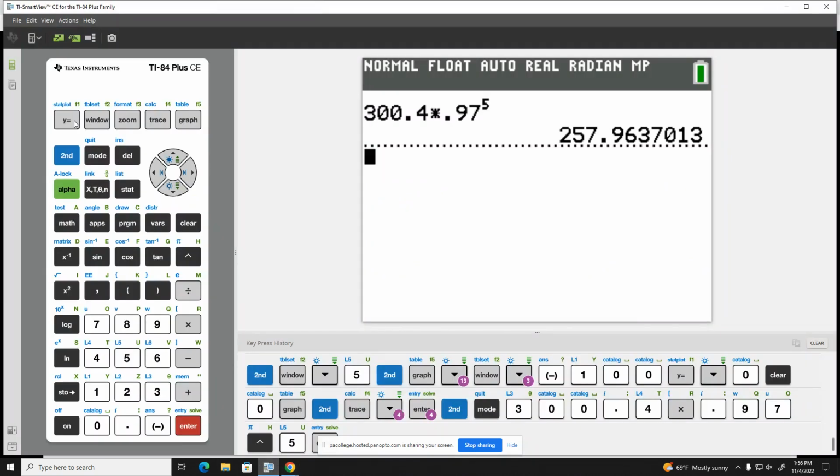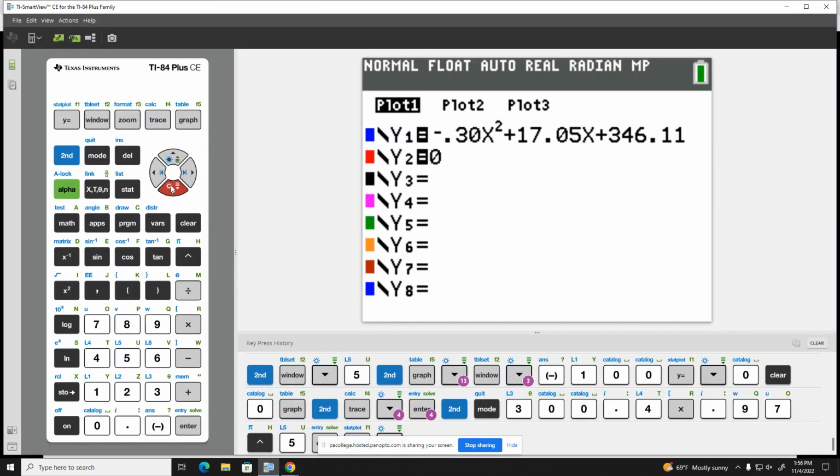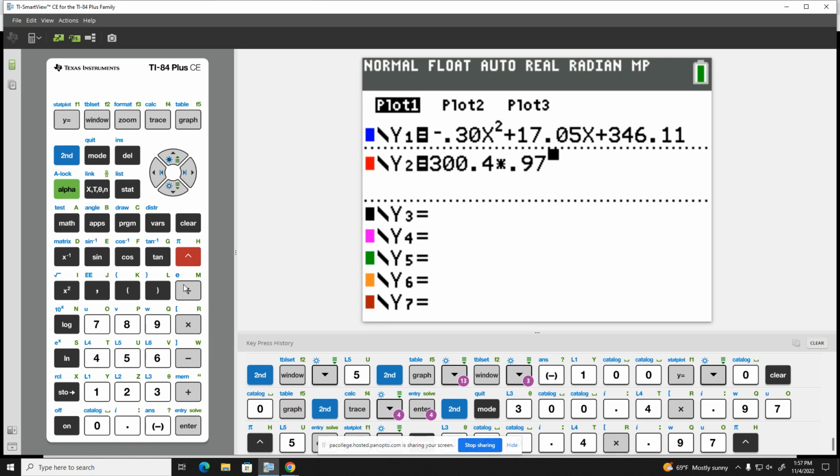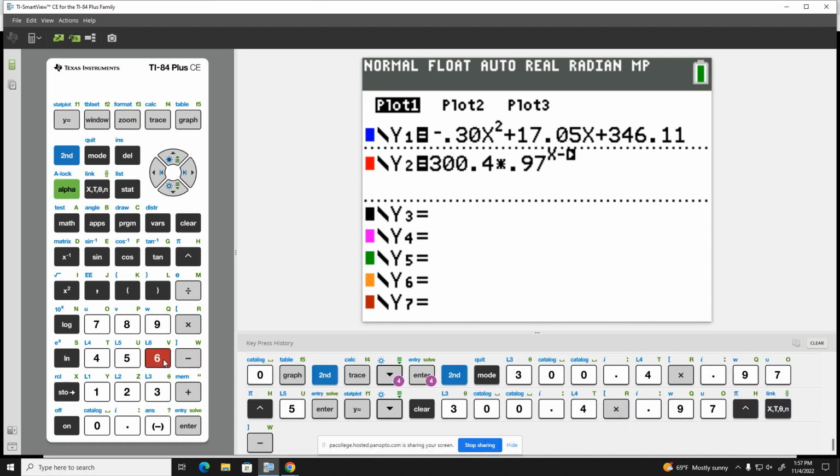So going to my y equals, clearing out my 0. My new model is 300.4 times 0.97 to the, if you have an older calculator, you're going to need some parentheses around this exponent. If your calculator changes font sizes like mine, you can put all this up in the exponent.